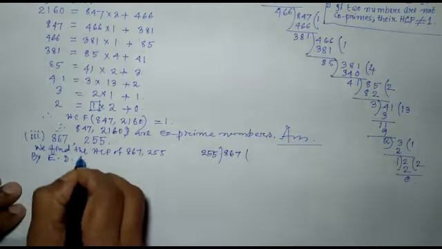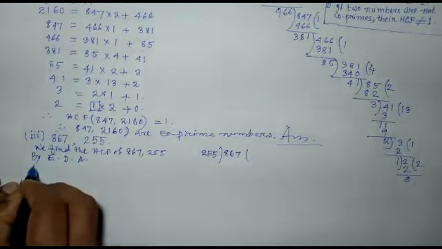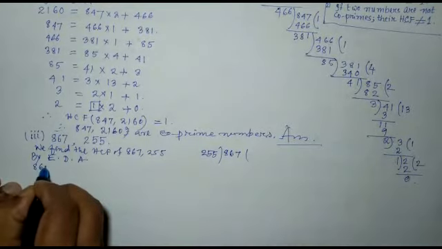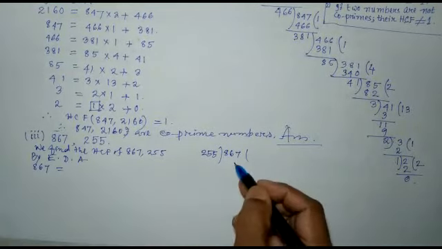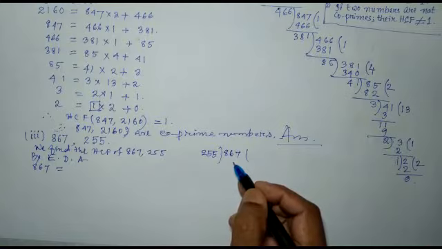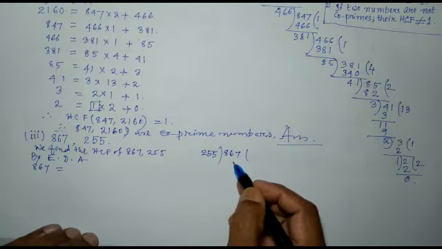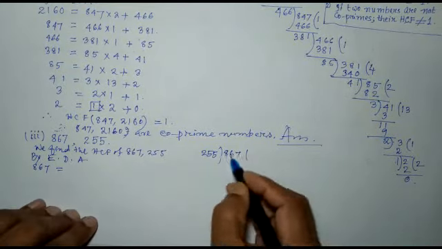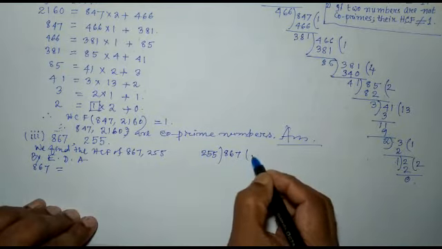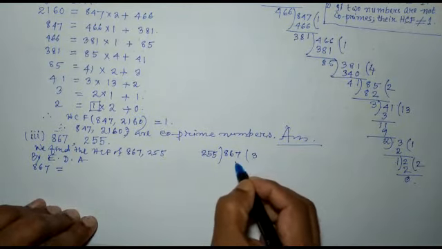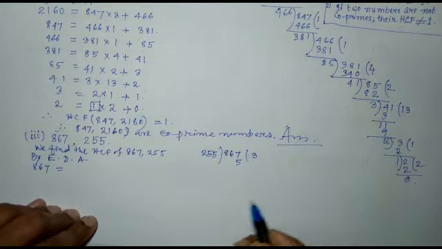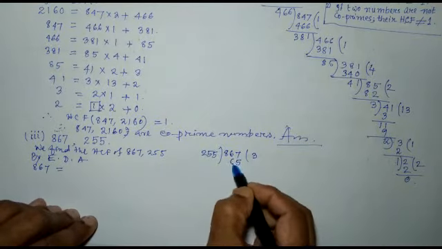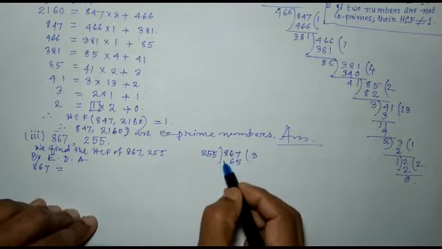By Euclid's division algorithm, take the bigger number 867. See how many times it will go, only 3 times. 3 times 5 is 15, 5 carry 1, 3 times 5 is 15 plus 1 is 16, carry 1, 3 times 2 is 6 plus 1 is 7.